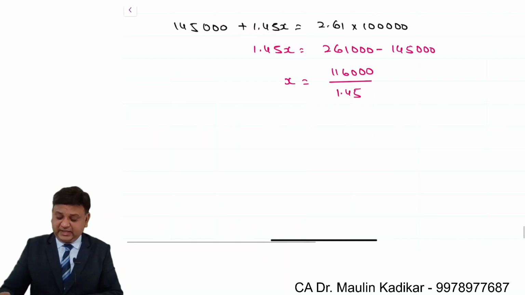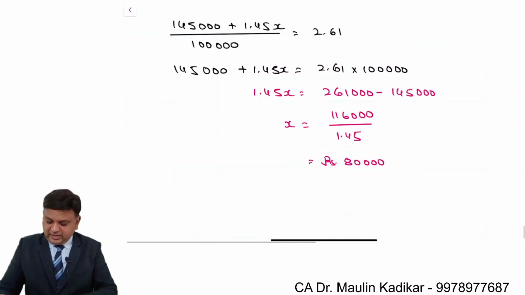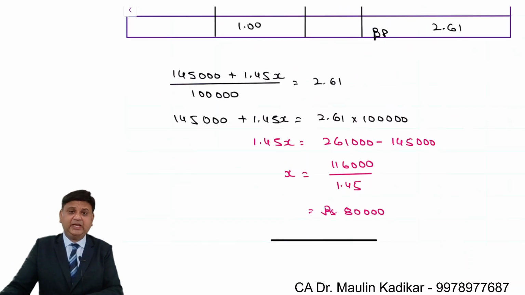So the answer comes to 80,000. So friends, you are supposed to borrow an amount of 80,000 and make investment in the existing portfolio, of course in the existing proportion, so that the beta would be exactly 2.61.